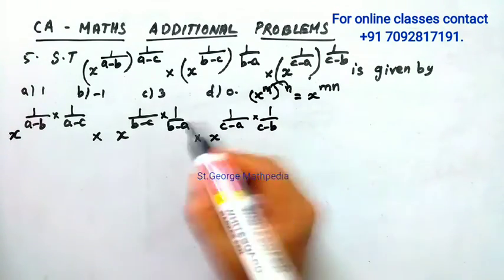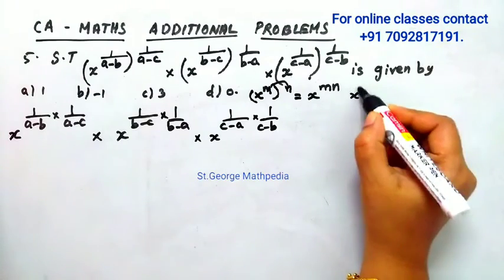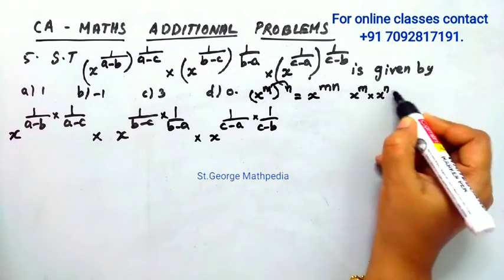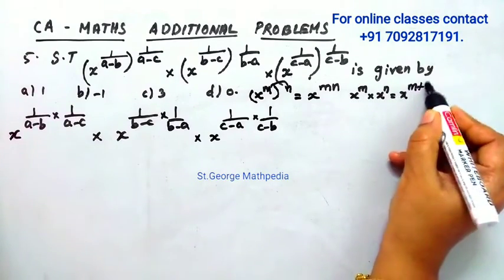Now if you have x power m into x power n, it is x to the power of m plus n.